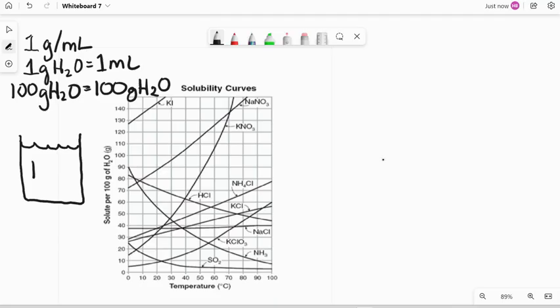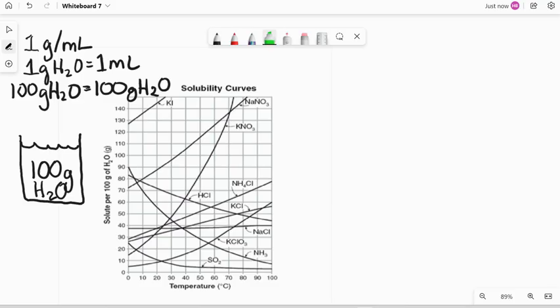So I'm going to be dissolving all of my solutes in 100 grams of water as the solvent. So the solubility would be how much of each of these salts is going to dissolve in 100 grams of water.